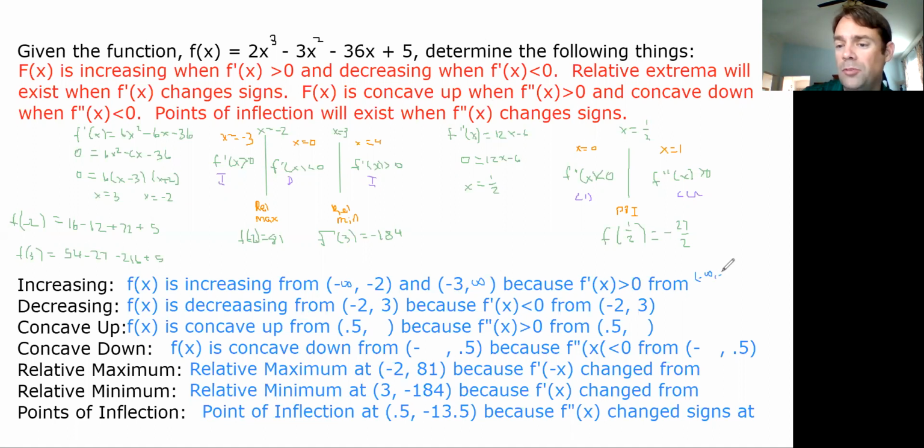On your paper, you'd have just a tiny bit more room than I have here, so you would have been okay. That should be a positive there. Good. Concave up from 0.5 to infinity.